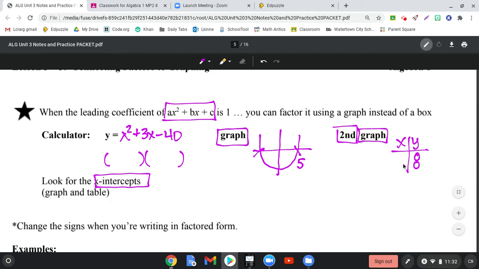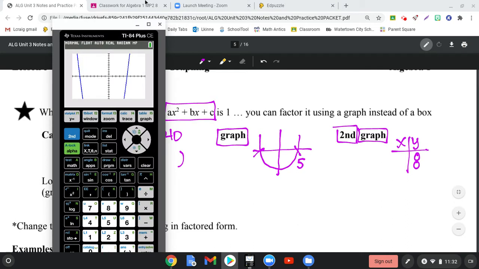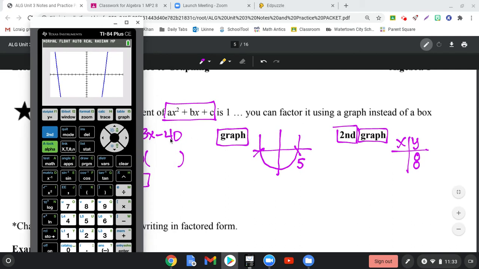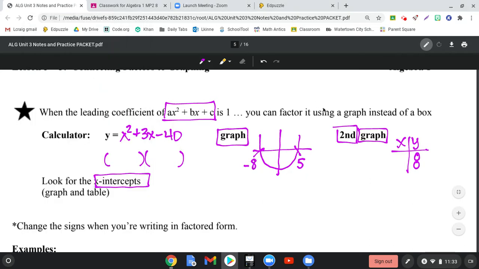We want to figure out what those x values are. So if I can't tell that that's 8, if I can't tell that's negative, but look, 5 times negative 8 would give us negative 40, just saying. It's not just a coincidence. But you can also find it from the table.